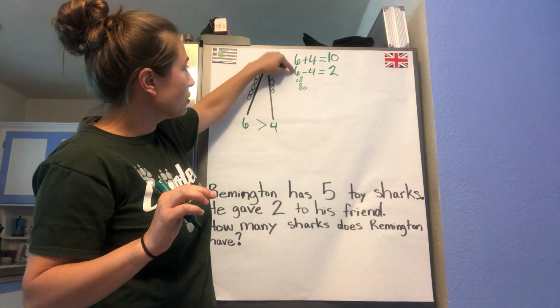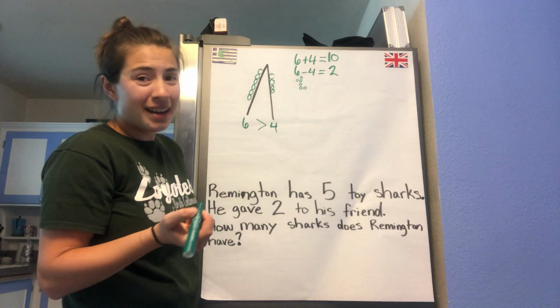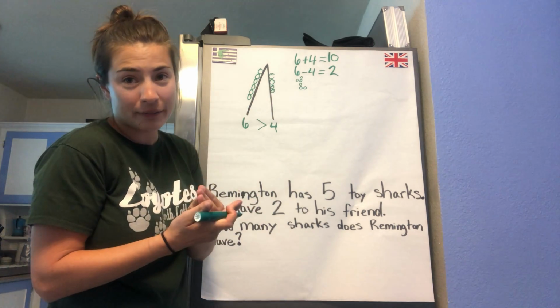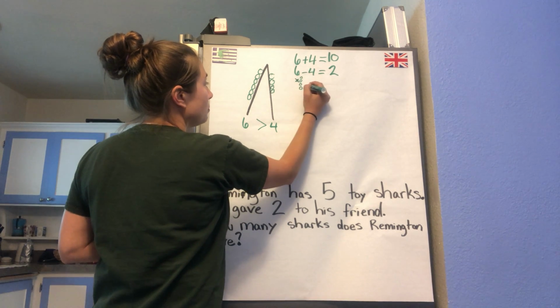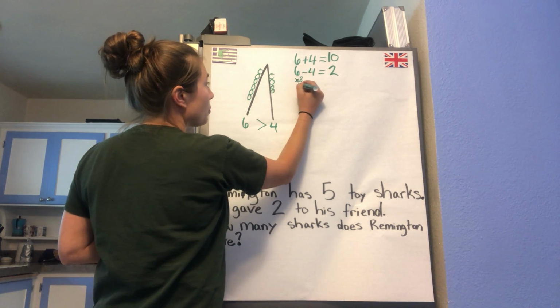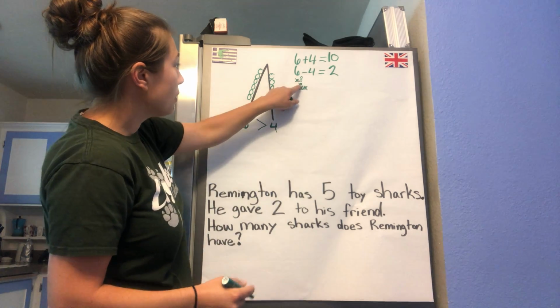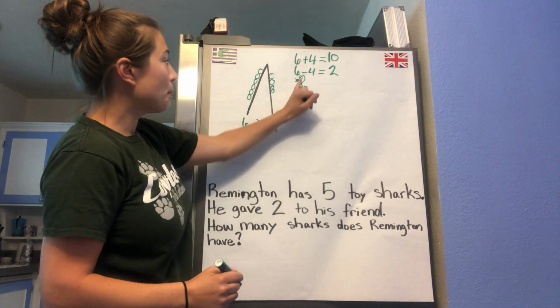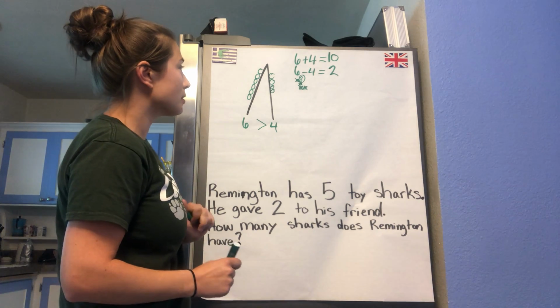You drew 6 circles, now you have to take 4 of them away. You can take any 4 of these away, just as long as you see how many are left over. So I'm going to take away 1, 2, 3, 4. And how many are left? There's 2. So my picture matches my equation, my number sentence.